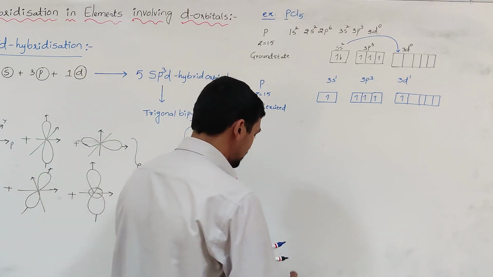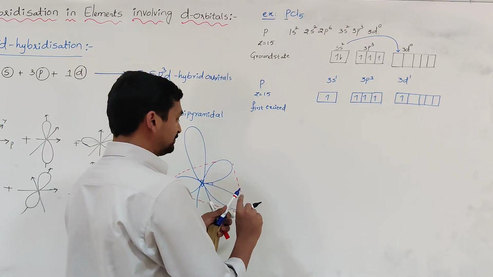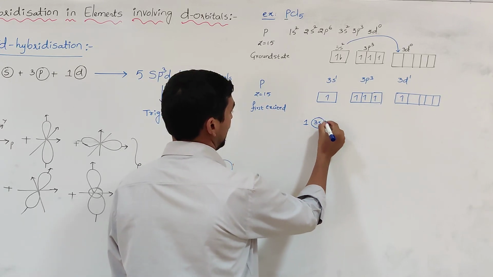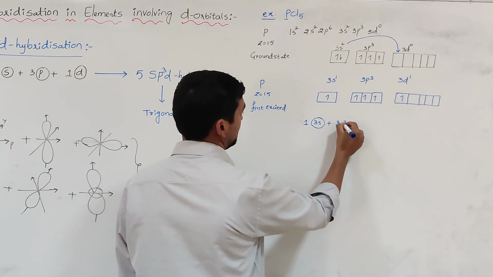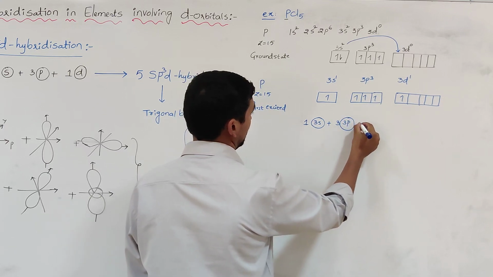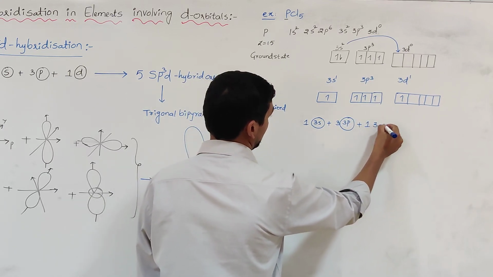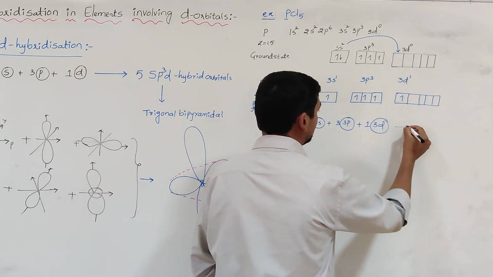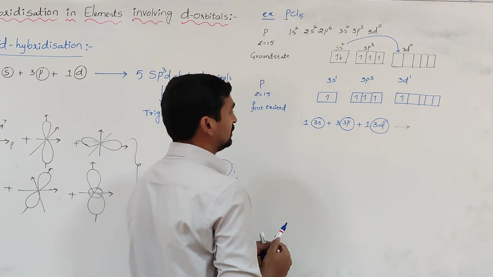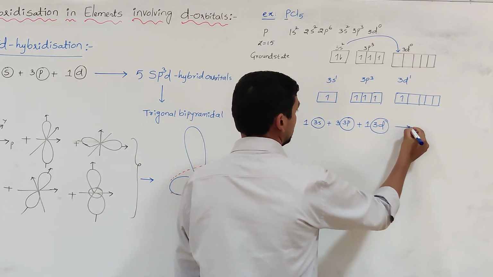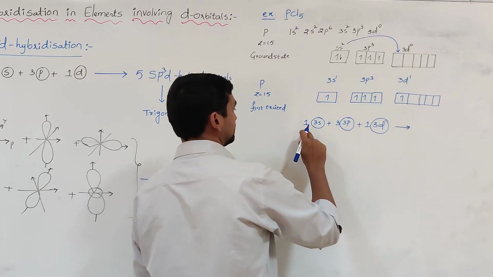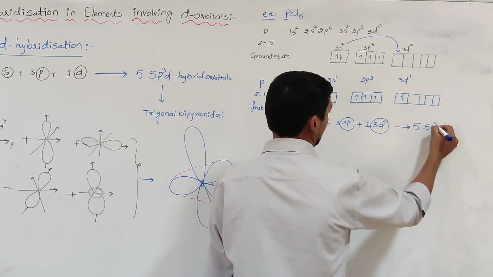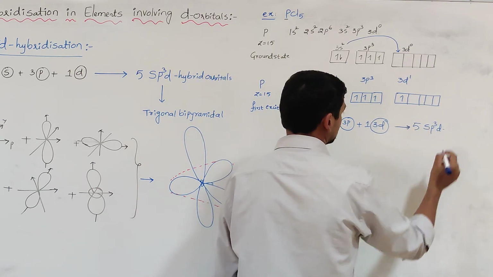So here one 3s orbital, three 3p orbitals and one 3d orbital are hybridized together, to form, simply 1 plus 3 is 4, plus 1 is 5, totally 5 sp3d hybrid orbitals.